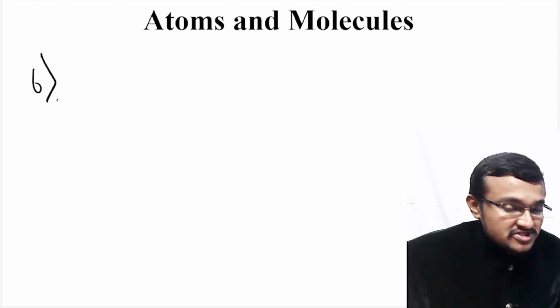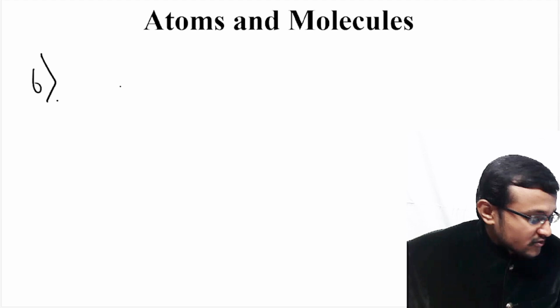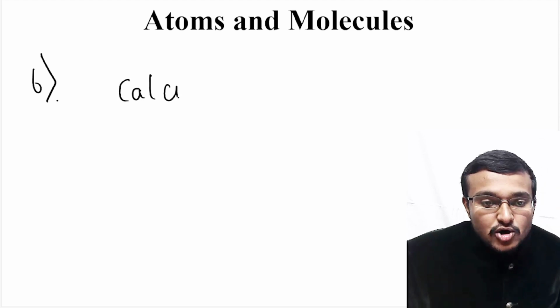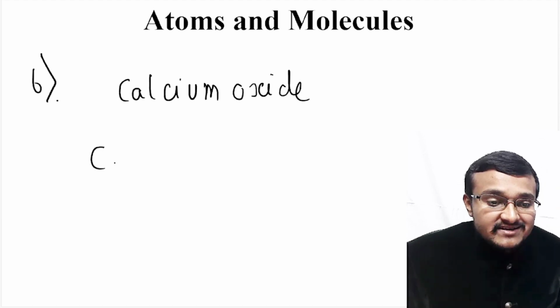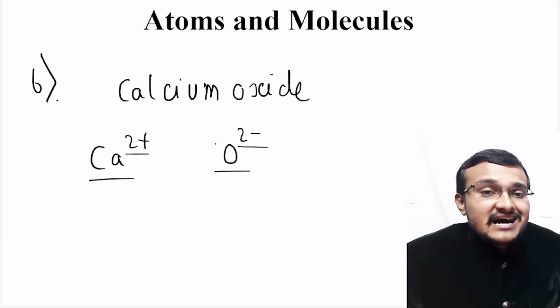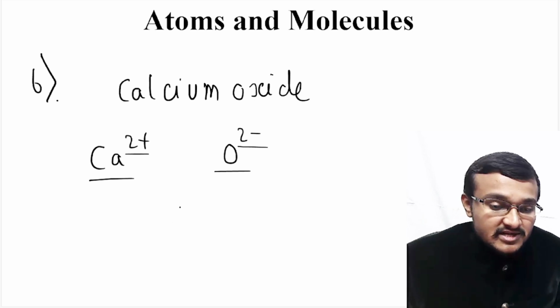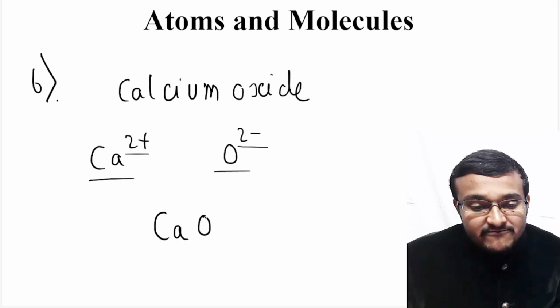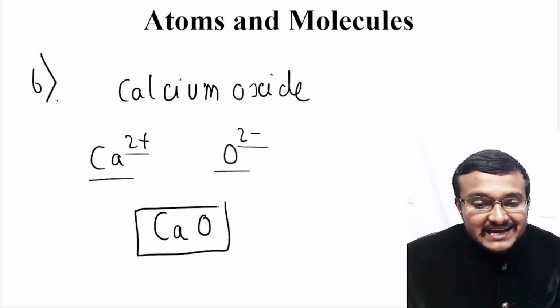Similarly, coming to question B, you have calcium oxide. In calcium oxide, calcium has two positive charges and oxygen has two negative charges. The charges are balanced, so the net charge of this compound is 0. So CaO is the chemical formula for calcium oxide.